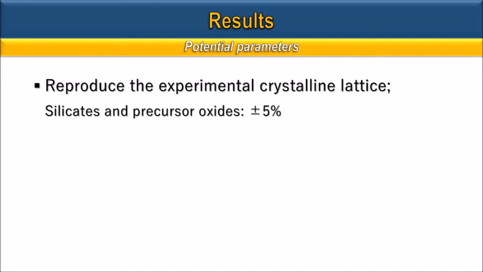Some other criteria were adopted to evaluate the results obtained with the optimization of the structures, such as the structures of the rare earth oxygen and silicon oxygen polyhedra. That and other results can be found in our paper.